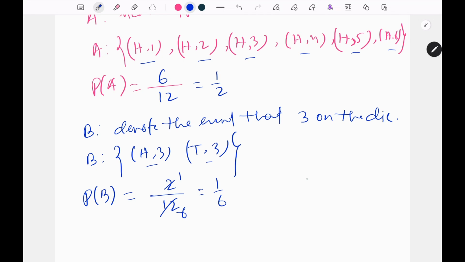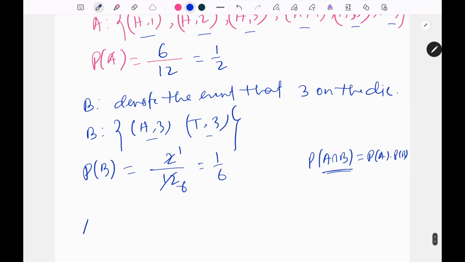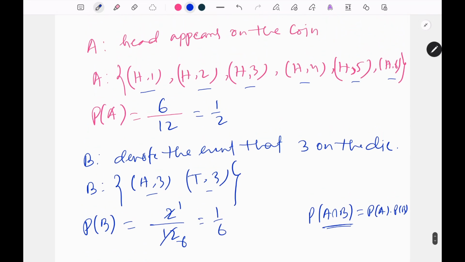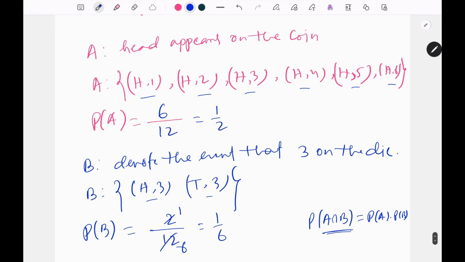Now to show that A and B are independent, we have to show that the probability of A intersection B is the same as the probability of A into the probability of B. So we have to find the intersection of A and B. The intersection of A and B will be only H3.